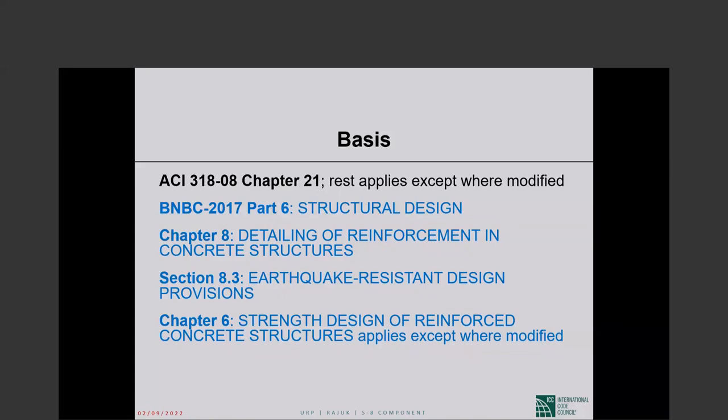But unless something like that has been done, and those are relatively rare, where ACI 318 requirement has been modified in chapter 21, except in those cases, the remainder of ACI 318 remains applicable even when you are working with chapter 21.